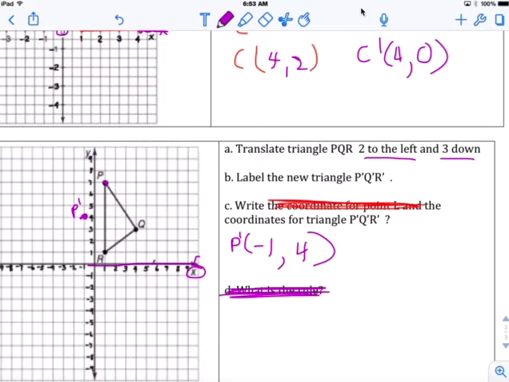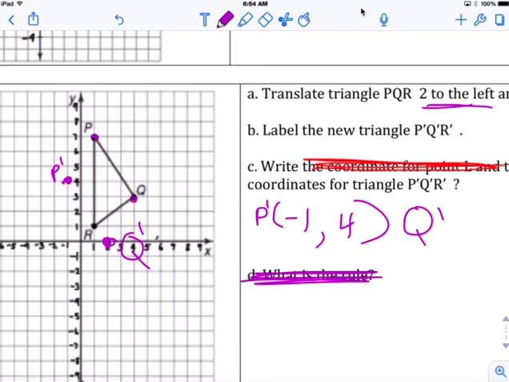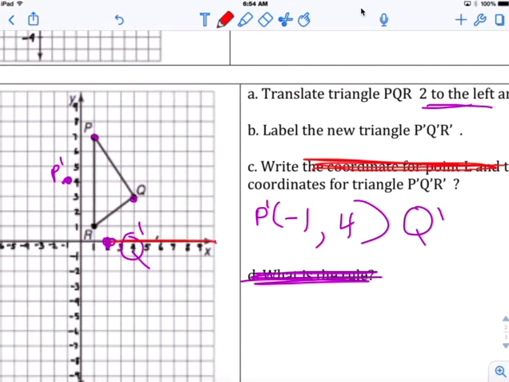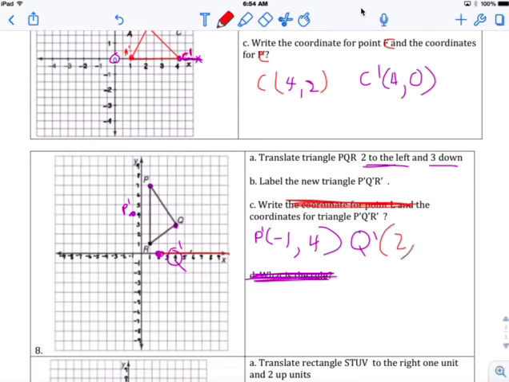Okay, let's do Q prime. Q, 2 to the left, right here, and 3 down. Let's erase some of these, too many. And that's Q prime. That number along the X stops at 2 and didn't go anywhere, stayed at 0.